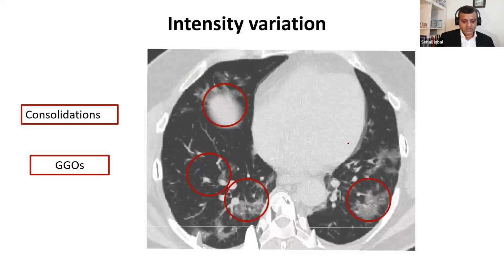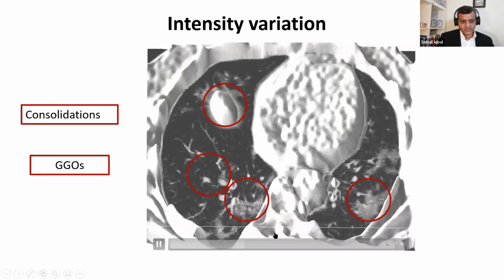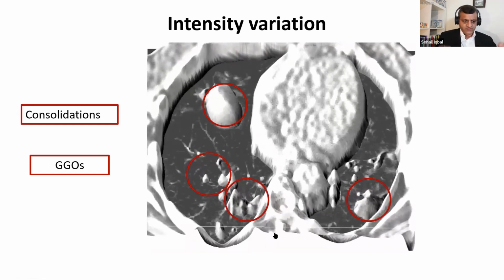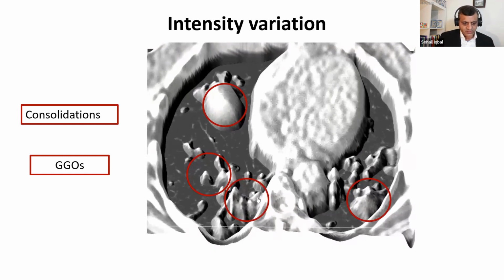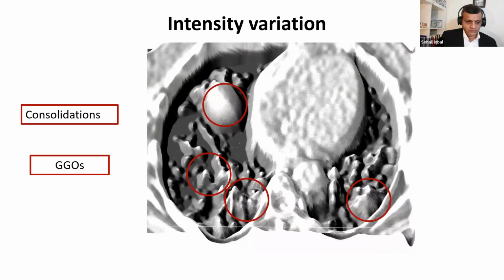Once again, we have these things. Now, if you look at the intensity plot, I'm releasing it step by step. As you can see, this region over here is a big mountain, a consolidation, a white region. On the other hand, the ground glass opacities have peaks that are not very high.